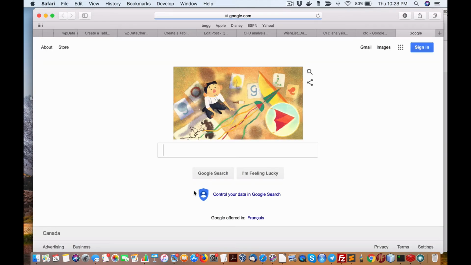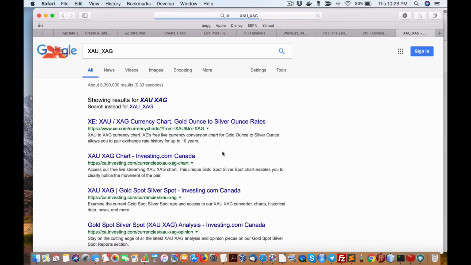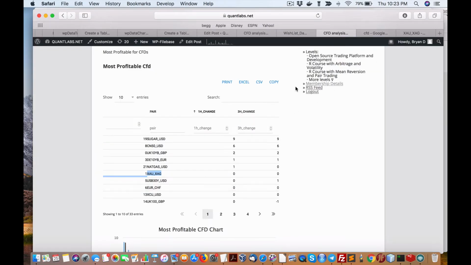And this is another defensive one, which is really the gold to silver ounce rate. So it's a ratio between the two. So that's another positive one, and some other ones you should be able to find in the world of Oanda, let's say.